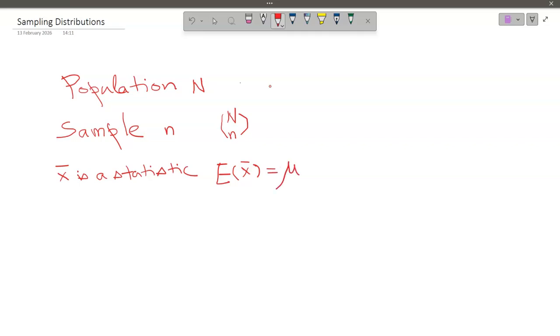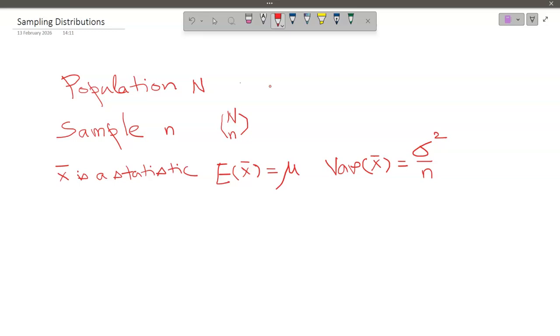That's easy to prove. And the variance of x bar will be sigma square by n. So as the sample size increases, the variance of x bar decreases.